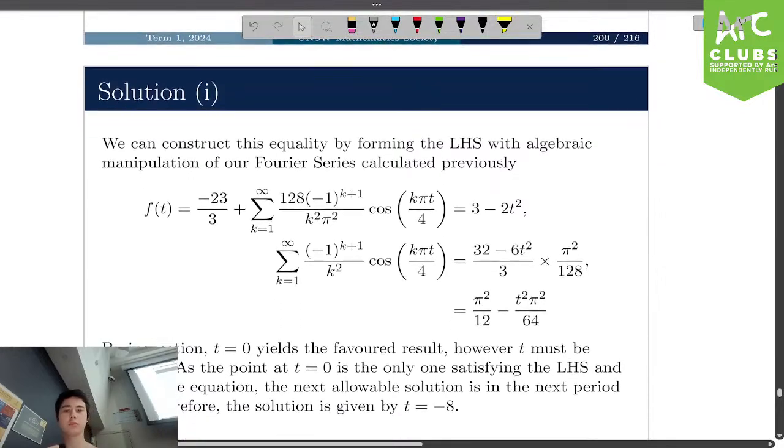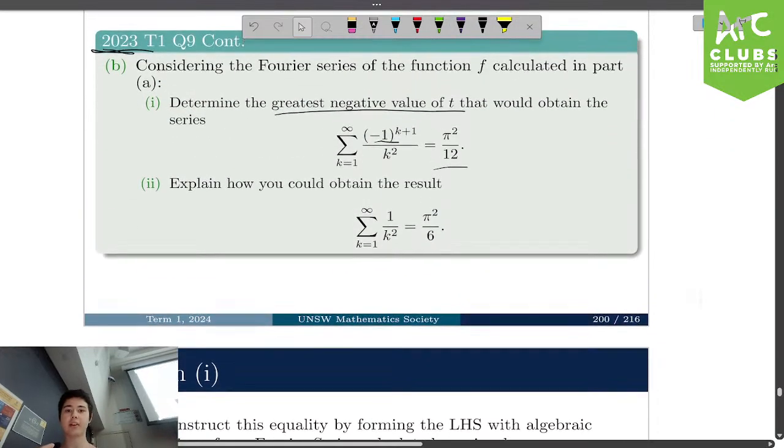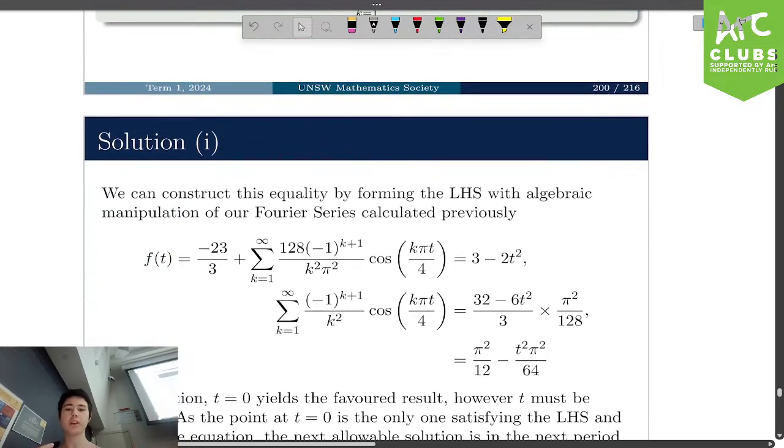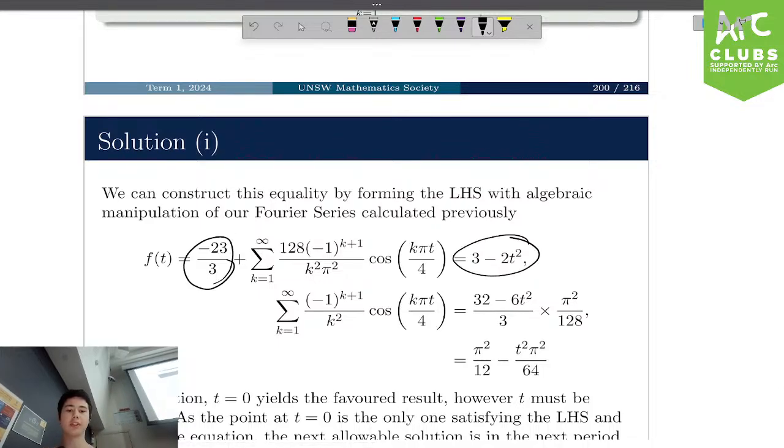So, we do so. Another thing to note is that since we're simply interpreting the entire Fourier series equaling our function at a point, we can get rid of our constant term and bring it to the right-hand side over here.